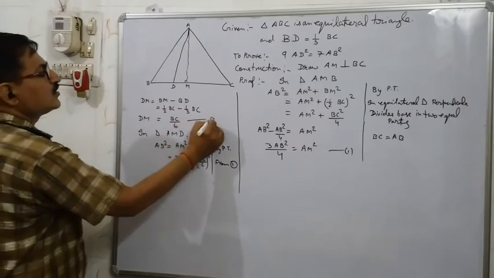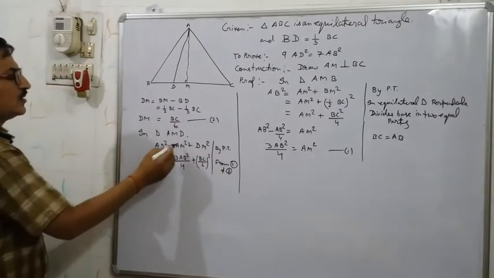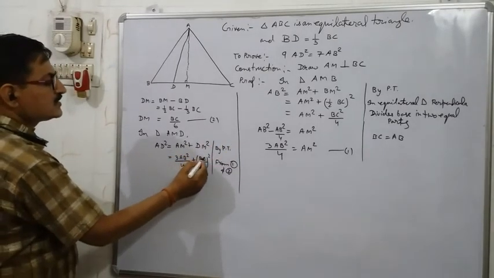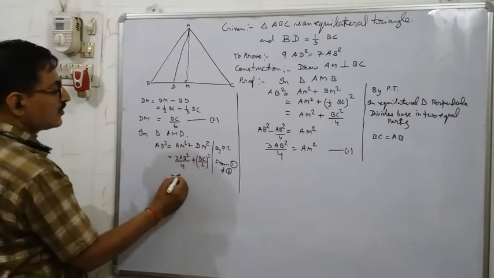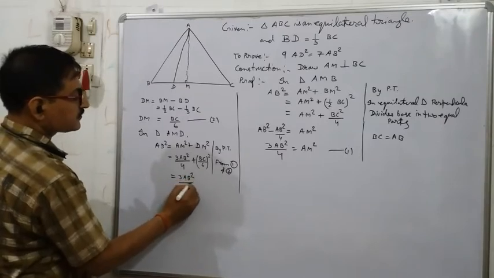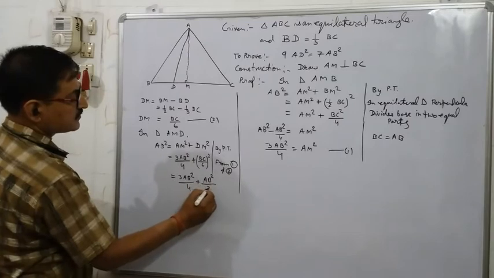You can write down this as 2, from 1 and 2, then there will be no confusion. In place of AM square, I have written 3AB square upon 4. Now BC square: you know that students, BC and AB are all equal, so we can write here 3AB square upon 4 plus AB square upon 36.